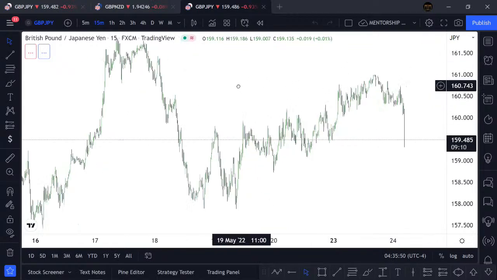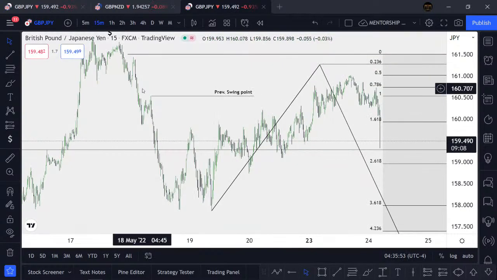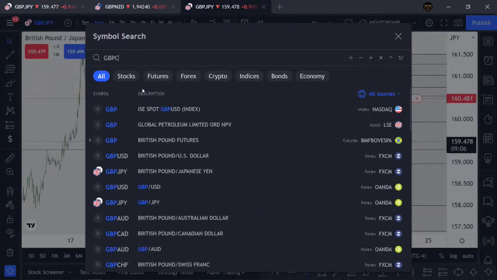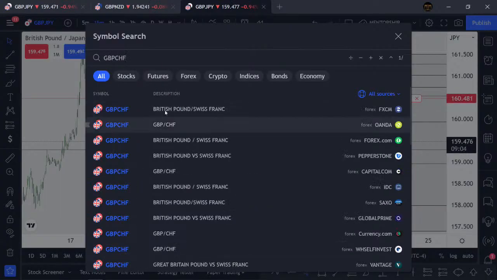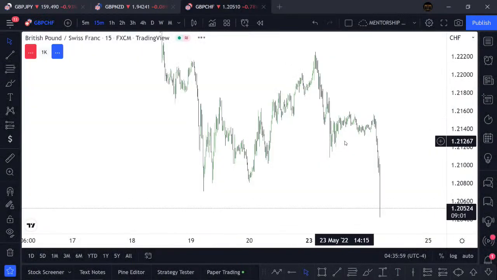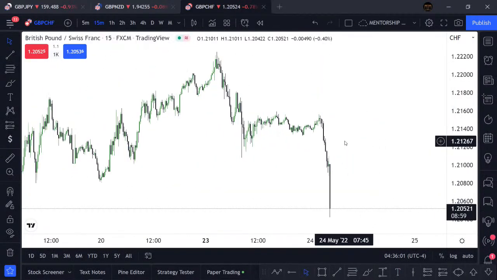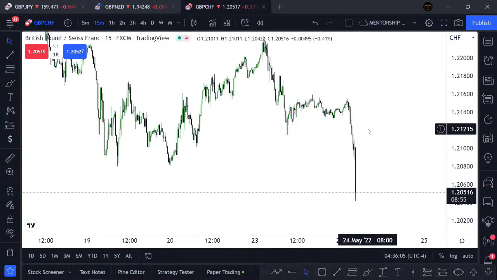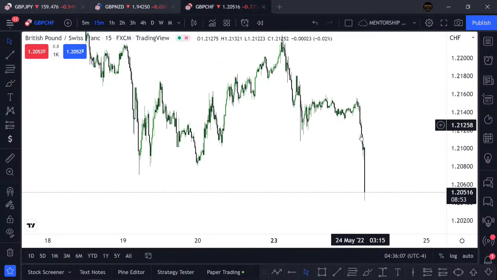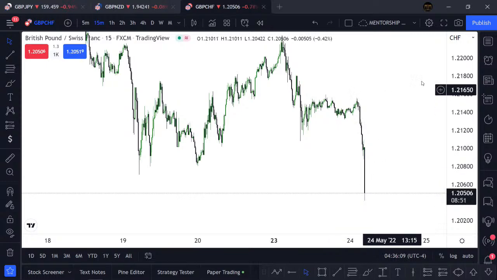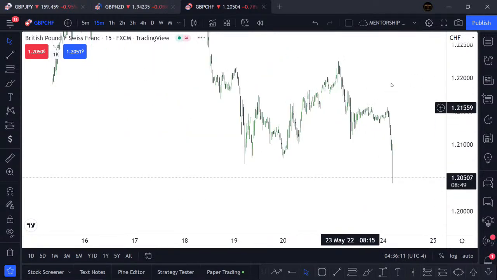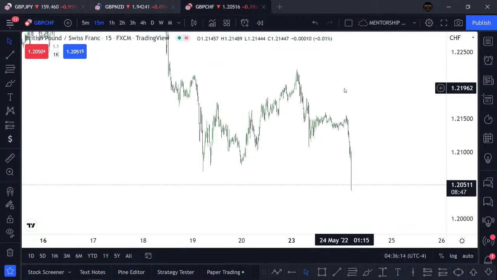Let's look at the GBP CHF. It's the same thing here. So let's look at the euro.